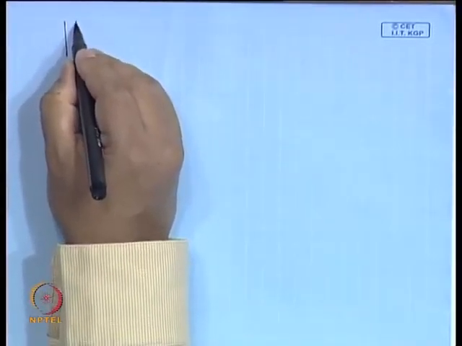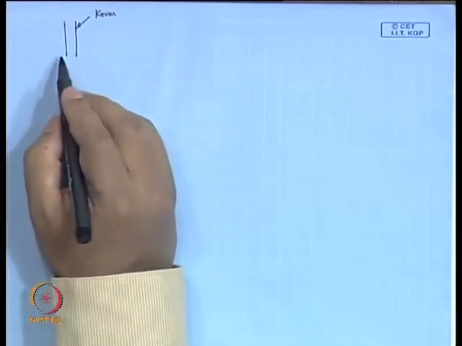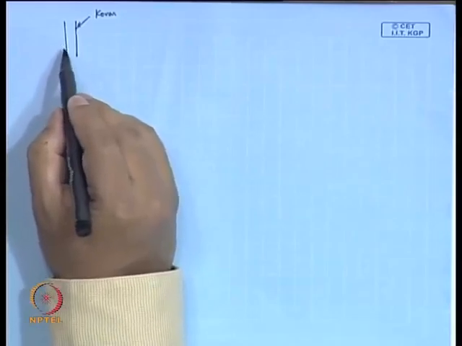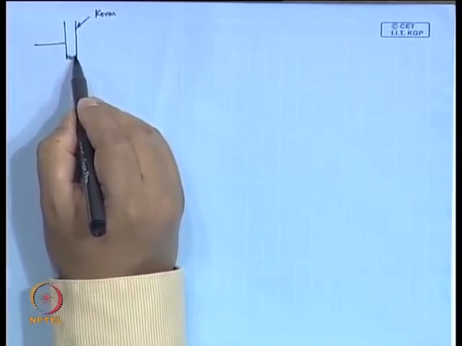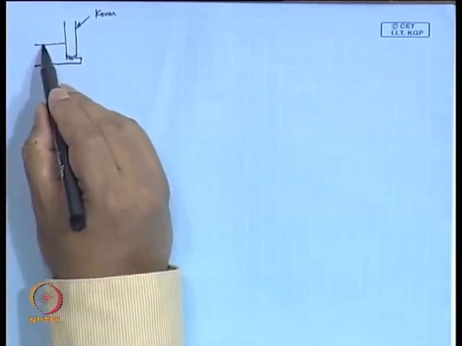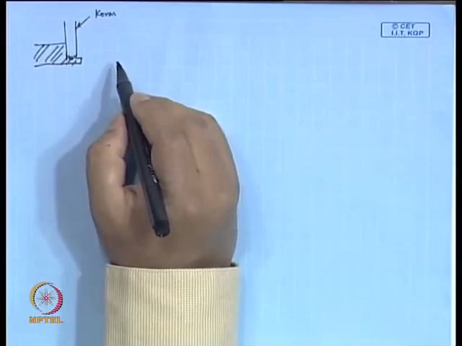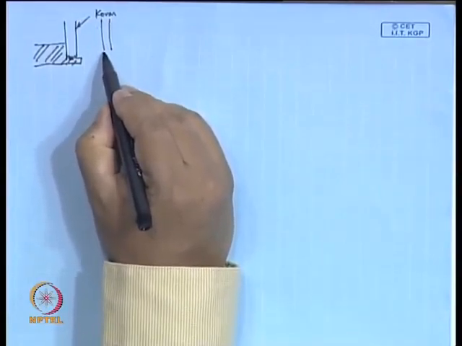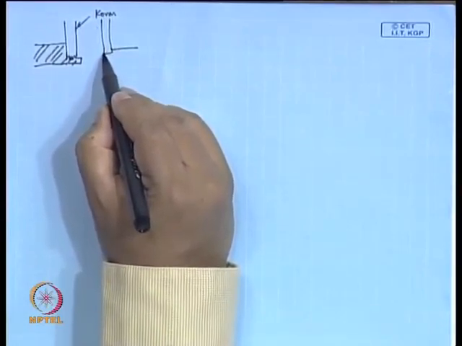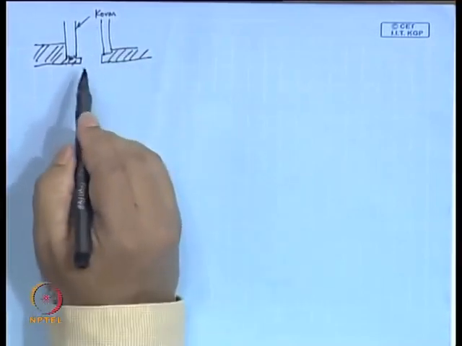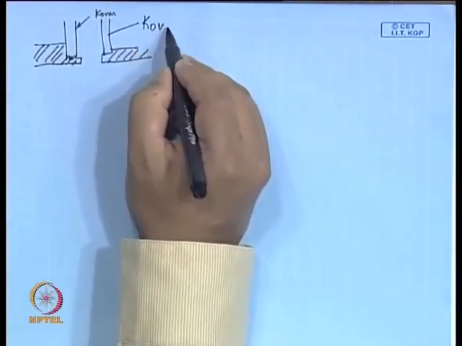Suppose this is the kovar material, this is the kovar tube, and then on this is the place where you have this roughened portion, so this is the fluidic access, this is kovar tube, okay.